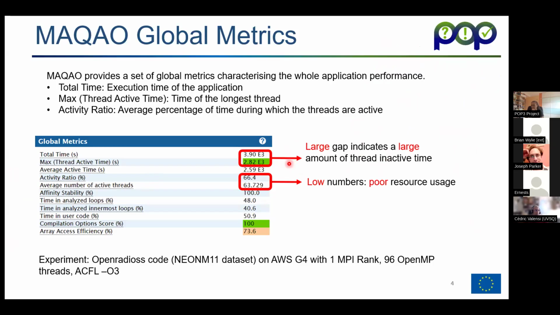We can complement that with additional metrics that provide a ratio of the average time during which threads are active. Here we could see that threads were active for only two thirds of the time. We were using 96 threads, and on average, only 64 threads were running at a given time. So this allowed us right from the start to identify that there were some activity issues in the application.